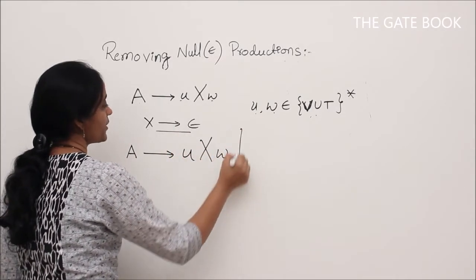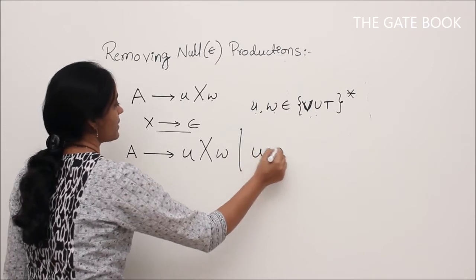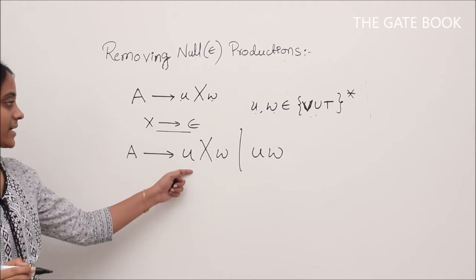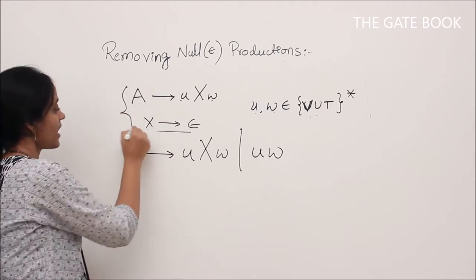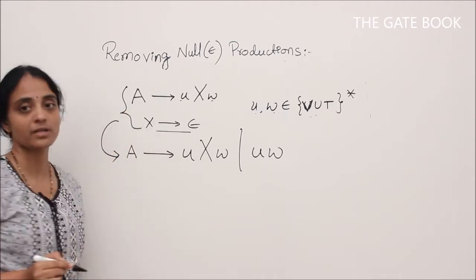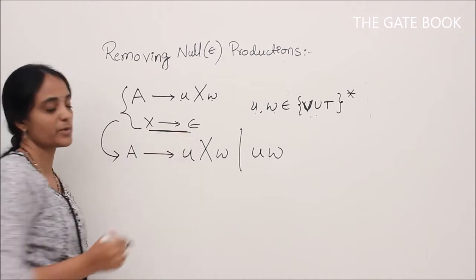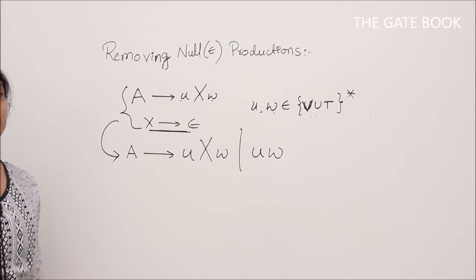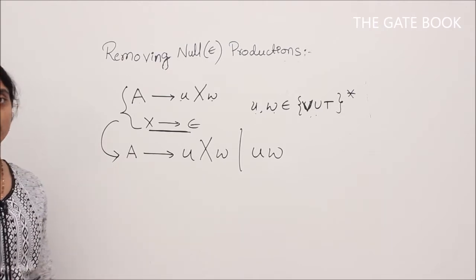We should keep that production and add one more thing like this. So we should recursively apply this technique. So then these two are becoming these two productions. So we will not have any epsilon production anymore. So we should apply this technique in the given grammar and remove all epsilon productions.